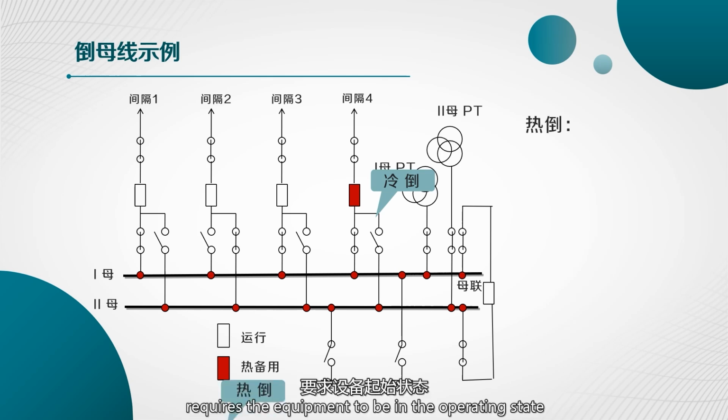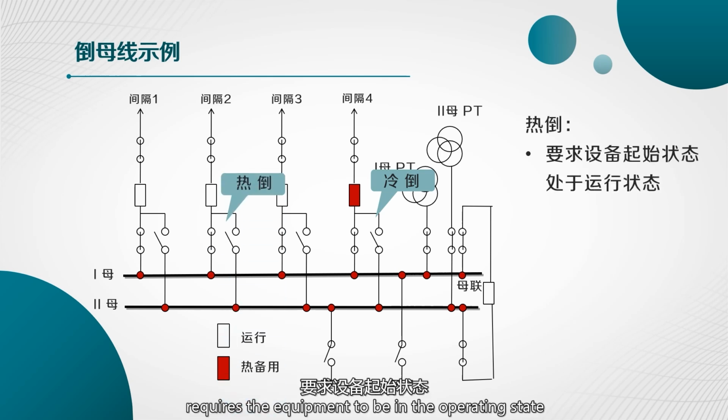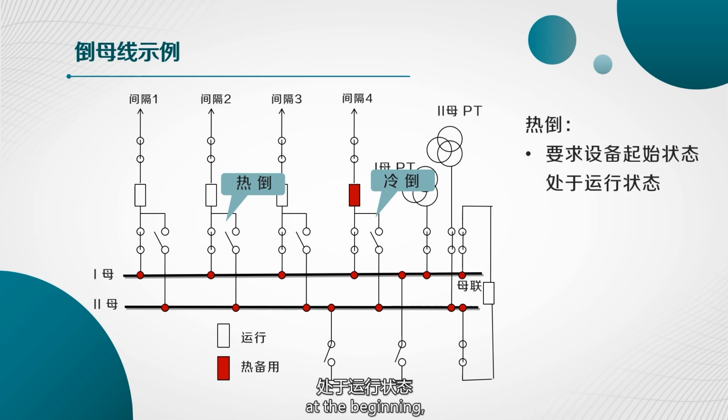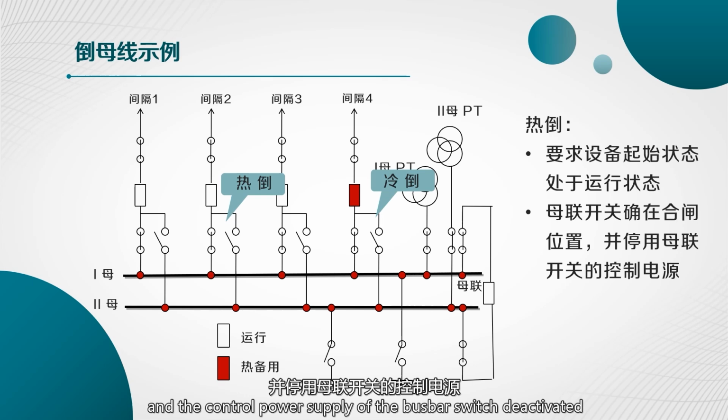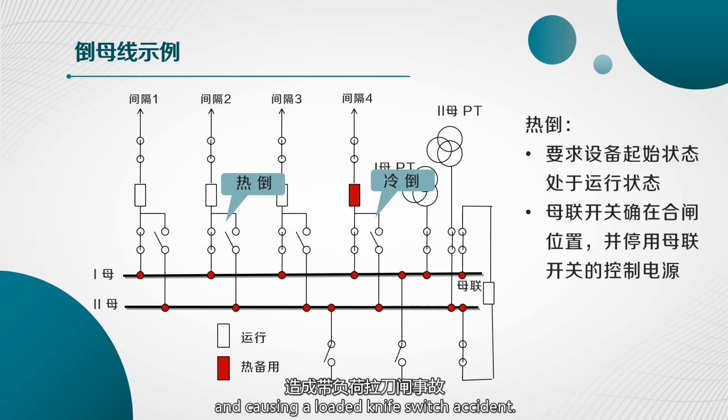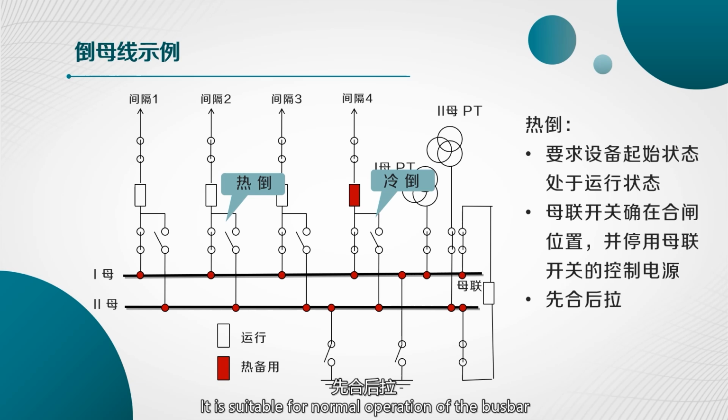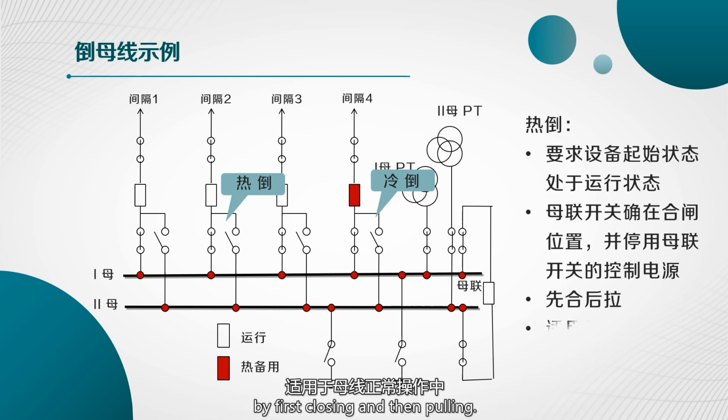Hot switching requires the equipment to be in the operating state at the beginning, with the busbar switch in the closed position and the control power supply of the busbar switch deactivated to prevent the busbar circuit breaker from accidentally tripping and causing a loaded knife switch accident. It is suitable for normal operation of the busbar by first closing and then pulling.